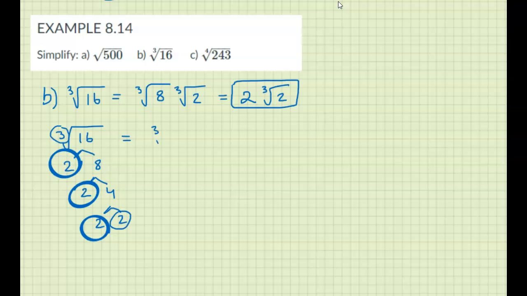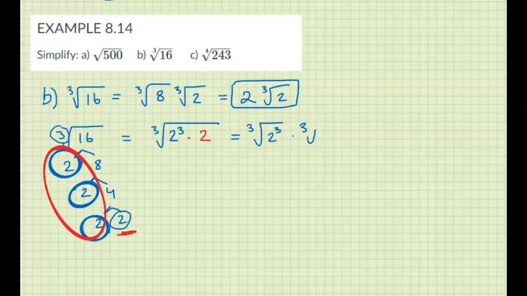Okay, so this is going to be cube root of 2 to the 3. Basically, we're taking these. But then we have this left over by itself. Okay? So we have cube root of 2 to the 3 times cube root of 2. This one we can divide the exponents, and we get 2 to the 1.